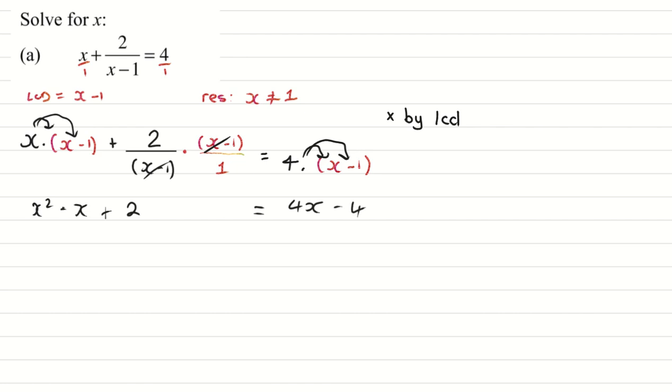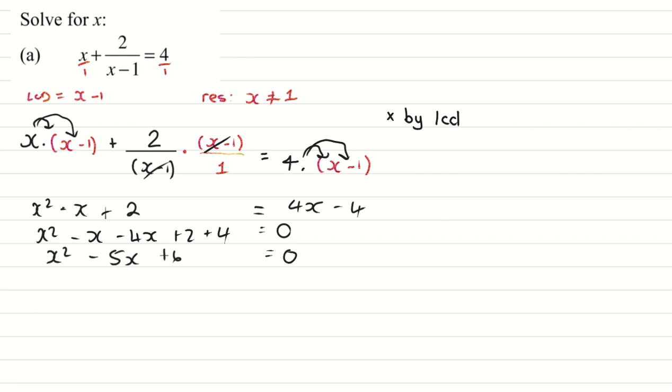Alright. Now at this point, I'm going to write this in standard form where it's equal to 0. So we have x squared minus x minus the 4x that comes over plus 2 plus 4. We simplify this down to x squared minus 5x plus 6.